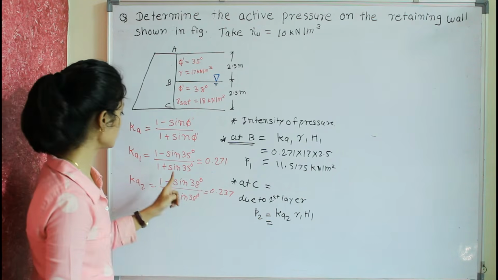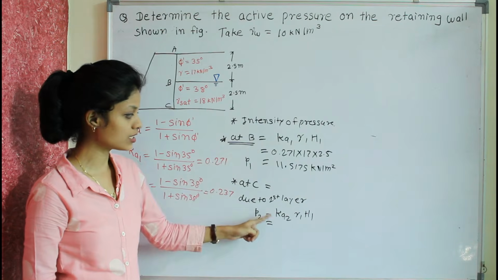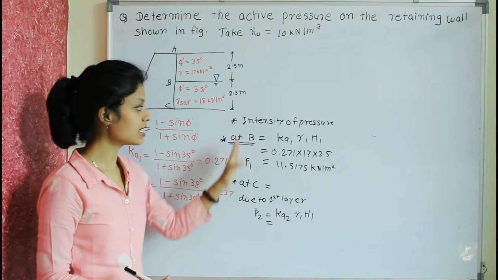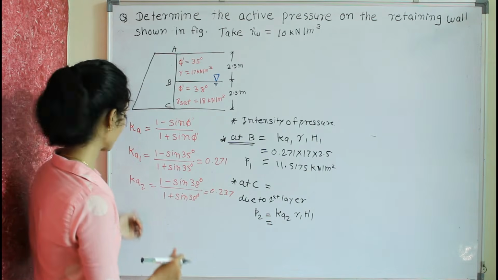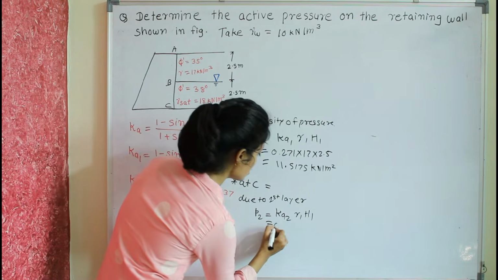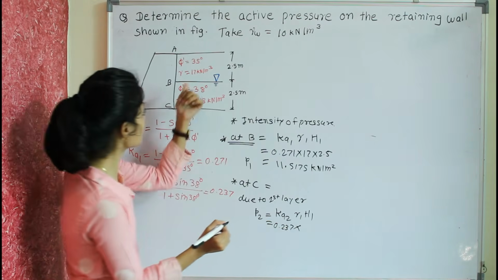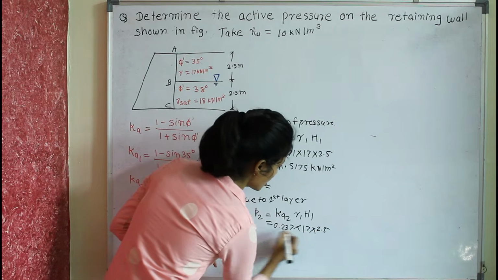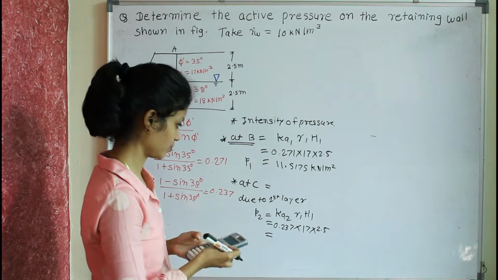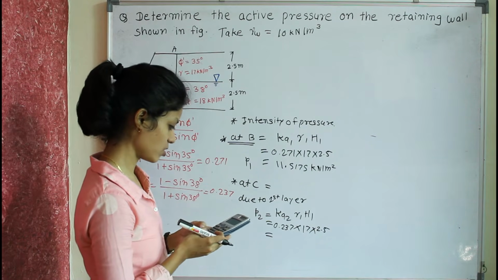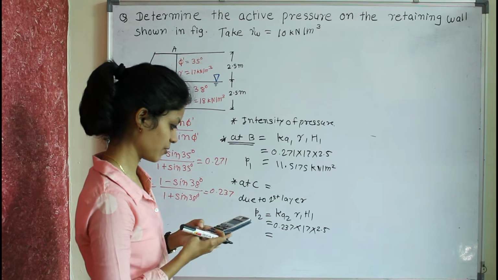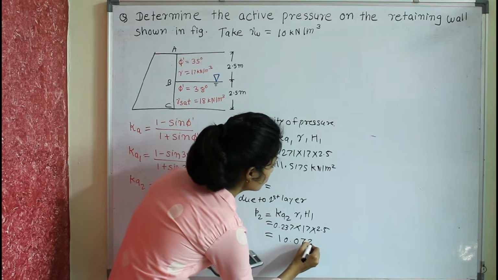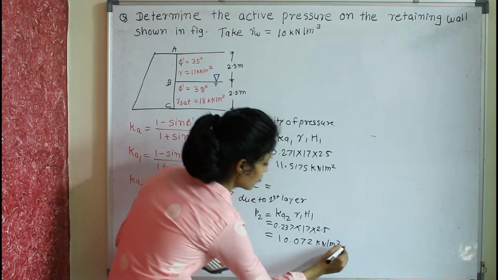Okay. Therefore, Ka2. You can see here the difference between these two formulas. Just Ka is different, right? If phi is same for both layers, then this value becomes same. Therefore, Ka2 is 0.237 into gamma 1 is 17 into H1 is 2.5, which is equal to 0.237 into 17 into 2.5, which is 10.072 kilonewton per meter square.